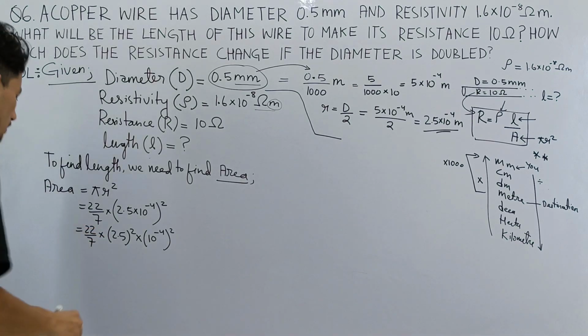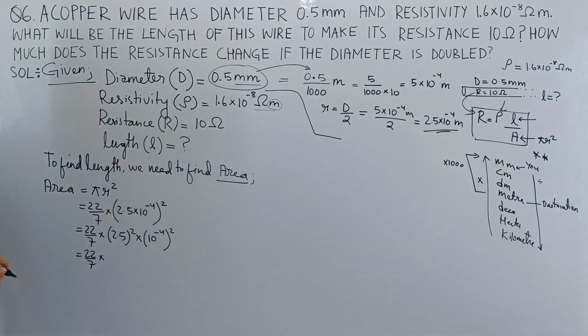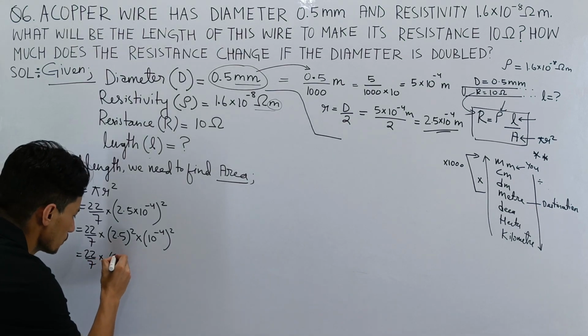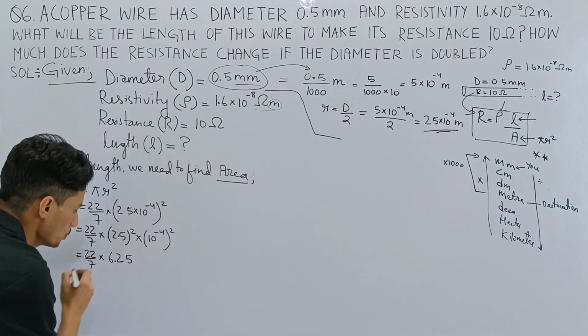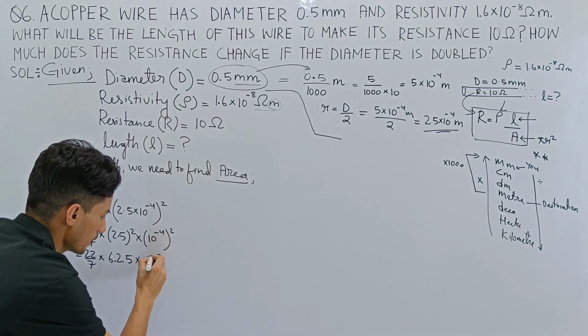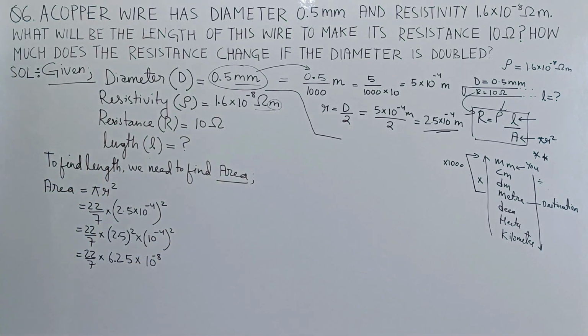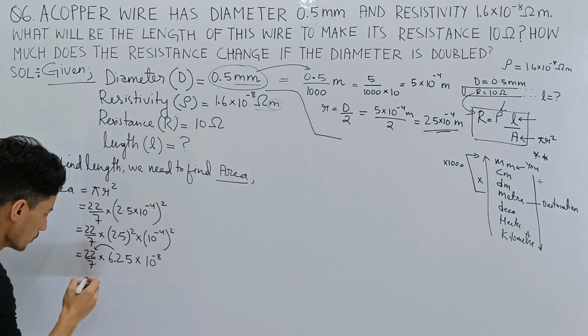Okay, so 22 by 7 into 25 into 25 is 625, but this is 2.5, so the decimal will come after 2 places. And 10 to the power minus 4 squared is 10 to the power minus 8. Okay, so this is what we got. Next, we will multiply 6.25 with 22.